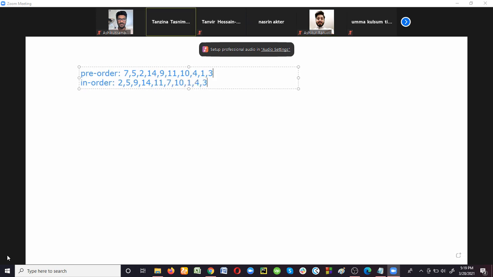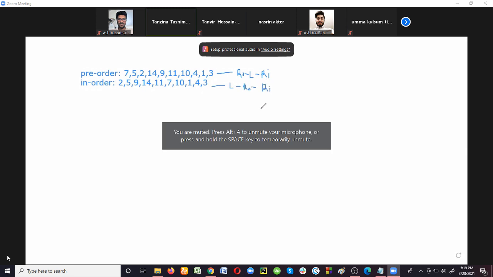Okay, so now the pre-order and in-order traversal sequences are given. From this sequence, we have to create the tree. In pre-order traversal method, at first root, and then the left child, and then the right child. For in-order traversal method, at first left, and then the root node, and then the right subtree.